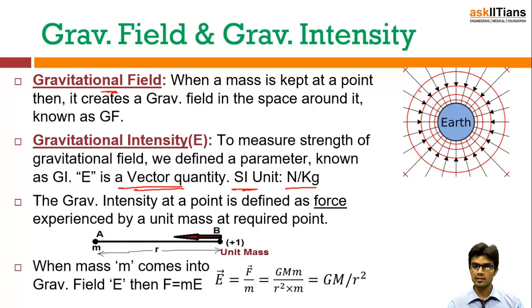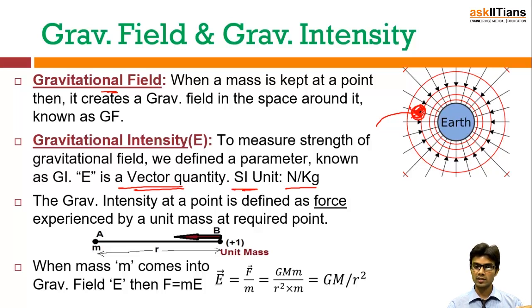According to this definition, it creates a gravitational field around it in space, and whenever another mass comes into the field of this mass, it experiences a force. This force is the gravitational force and is attractive in nature.